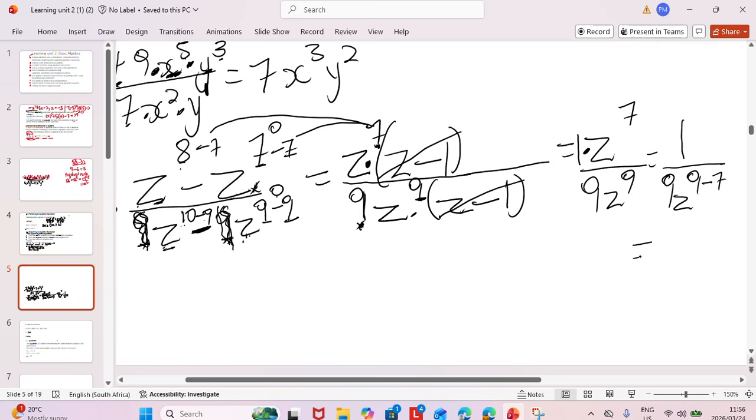You are applying law number 2, the quotient rule. Then this is what you will have: 1 over 9z to the power of 2. Then you are done. So always try to make sure that you leave your exponents positive.